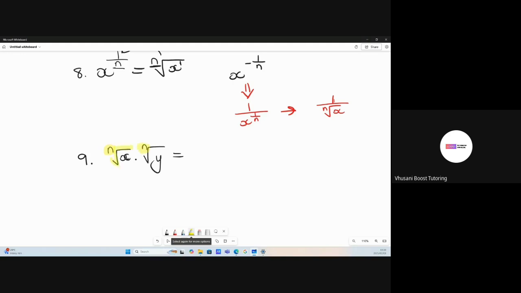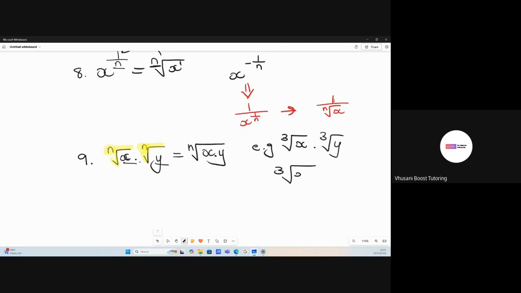We have the nth roots in common. So since we have the nth root in common, we can place it under one thing, and then the bases, the x and the y, will multiply with each other. For example, if you have the cube root of x multiplied by the cube root of y, you just say the cube root of x multiplied by y. As simple as that.